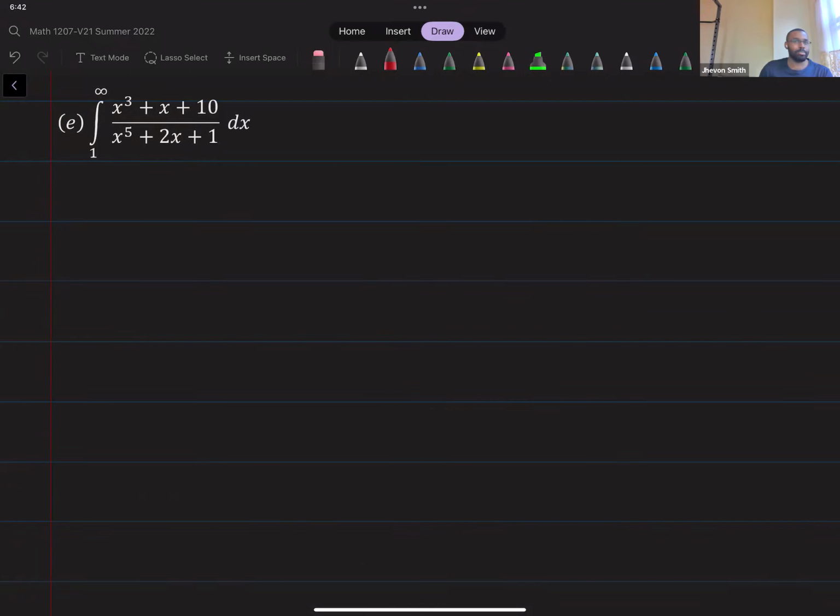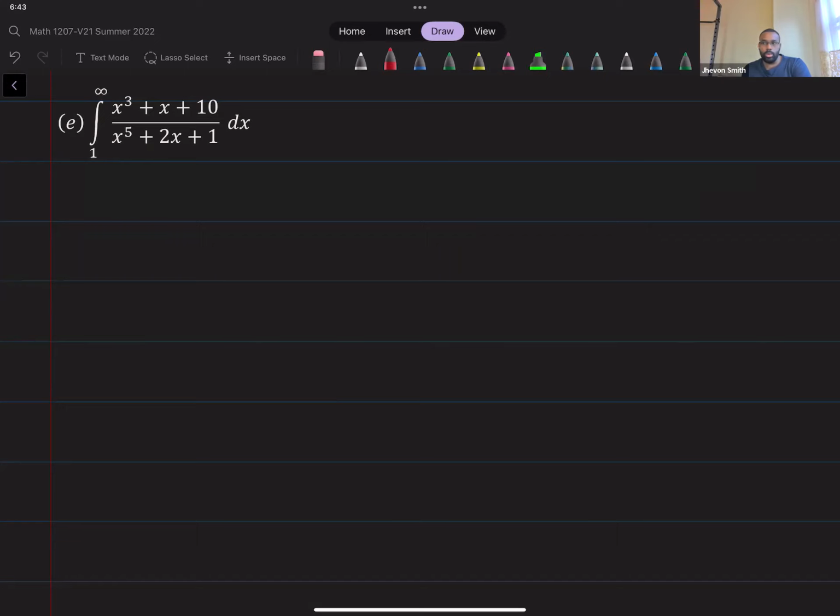This one doesn't have a nice pattern for us to factor. So you have the x to the 5th plus 2x plus 1. So partial fractions is off the table. Trig sub is off the table. There's nothing we can do with this guy. I can't integrate that. So now we want to talk about whether this converges or diverges without actually integrating it. And so now the idea is, once I know that's the situation I'm in, I want to think, well, what could I compare it to?